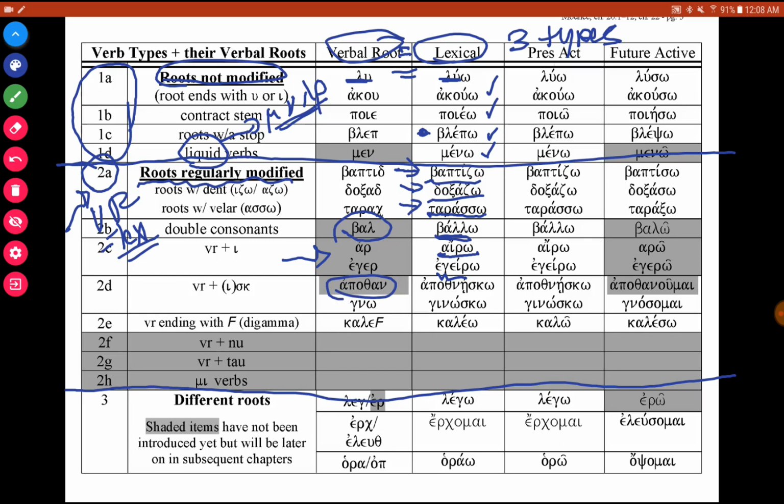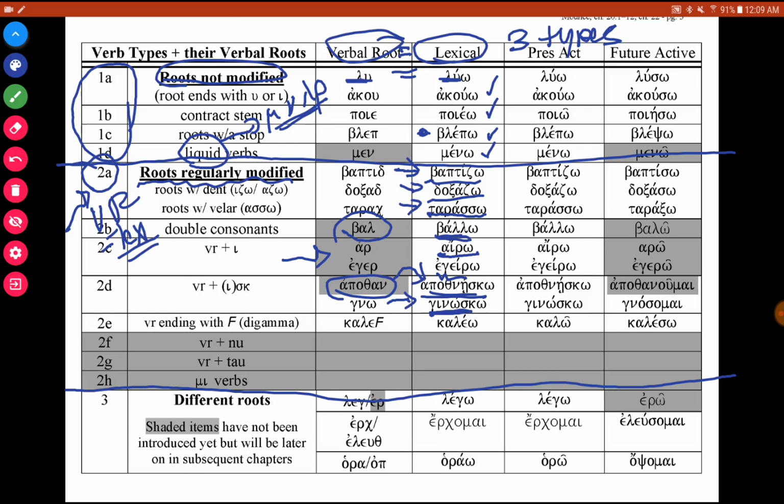Apothan is the verbal root, and notice that's the verbal root for apothnesko, which is I am dying, I die. Notice that that's a drastic stem change, so you have some of those. Gnosko, which is I am knowing, and its verbal root is gno. And then we have some unusual verbal roots.